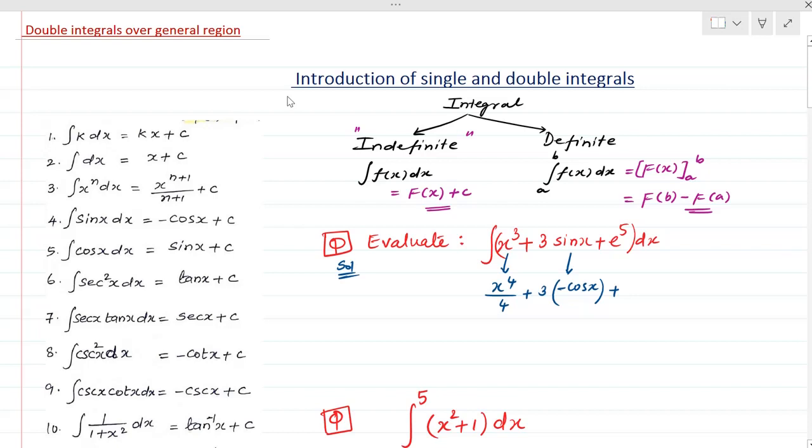We don't have an x here, therefore e power 5 is a constant. When you integrate a constant, you will get 5x. This is x plus c. Why plus c? Because you have an indefinite integral here. So the final answer will be x to the power 4 over 4 minus 3 cosine x plus e to the power 5 into x plus c. That's it.